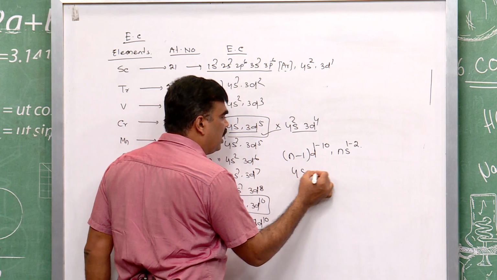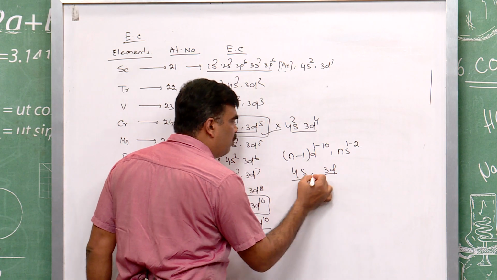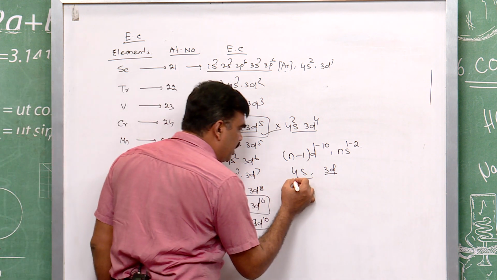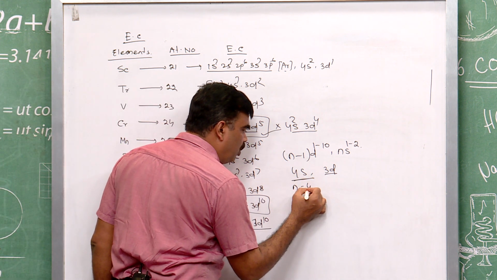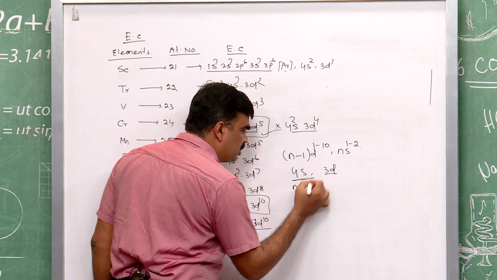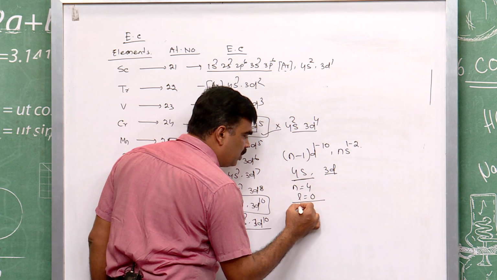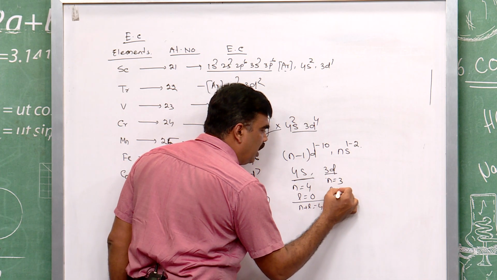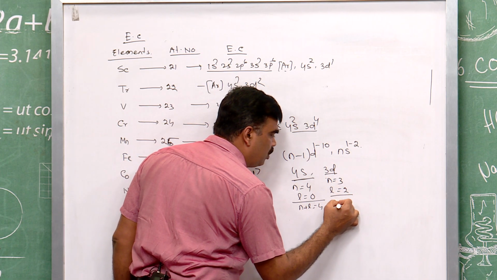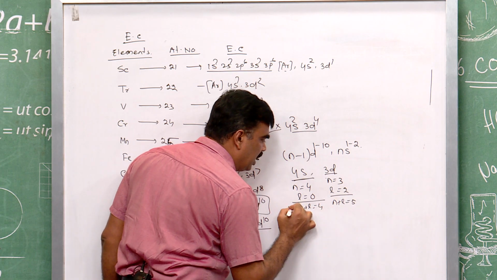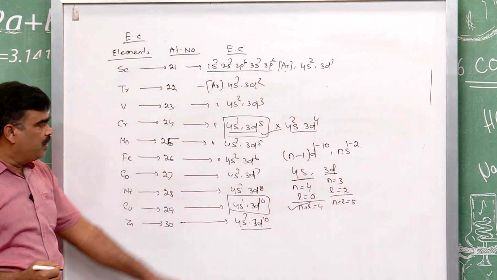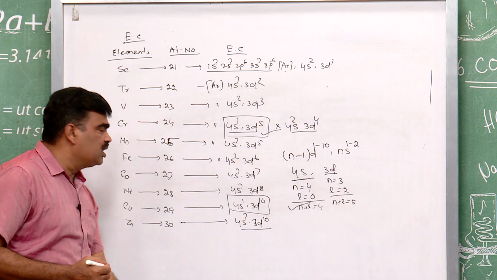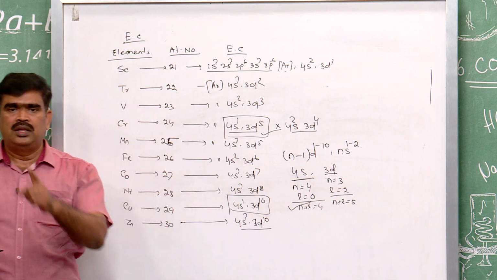Between 4s and 3d, you must have read it in the above principle. For the s subshell, n equals 4 and l equals 0, so n plus l equals 4. Here n equals 3, l equals 2, so n plus l equals 5. So 4s has a lower n plus l value, so it possesses lower energy and is filled first. That is why in all cases 4s is filled before 3d.